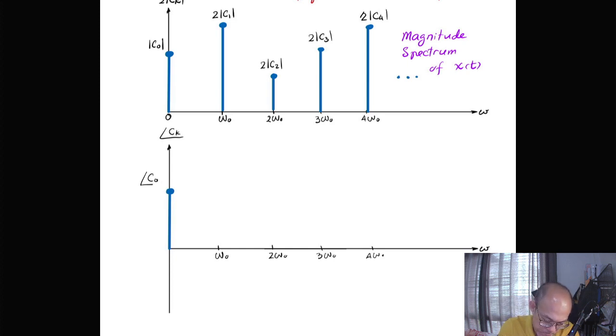Okay, and this is the phase of C1, and this is the phase of C2.